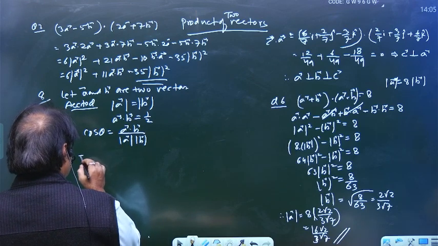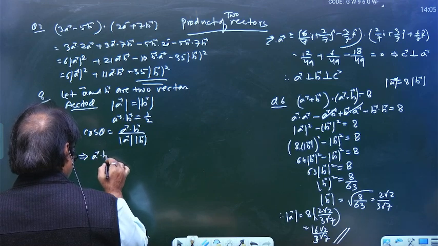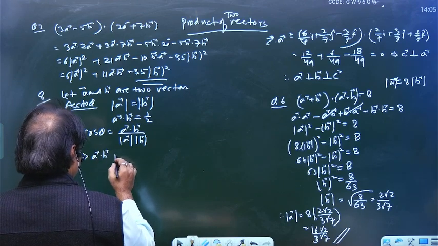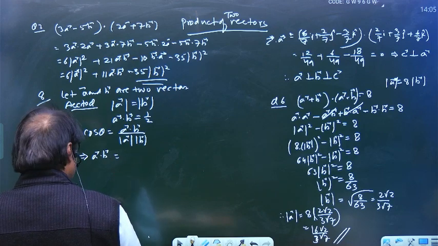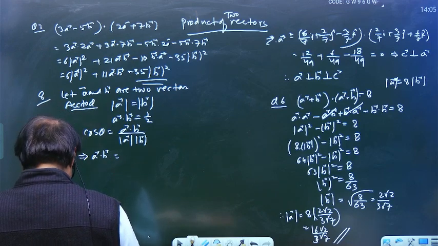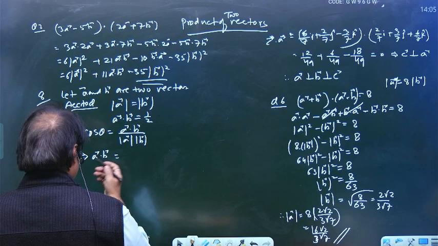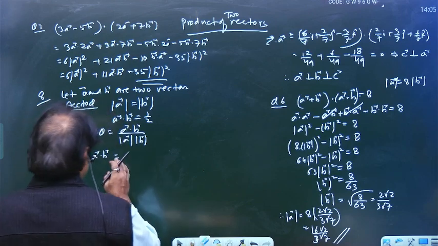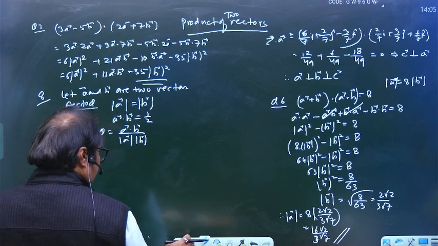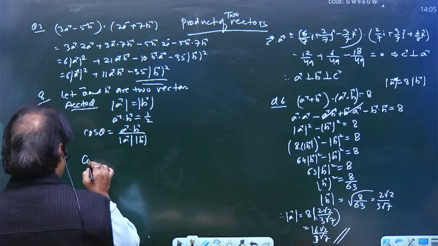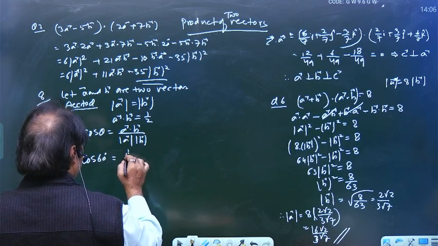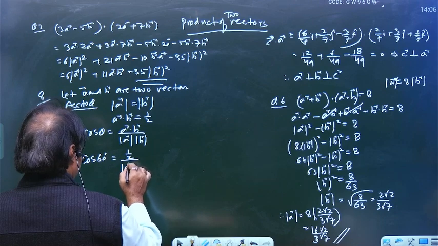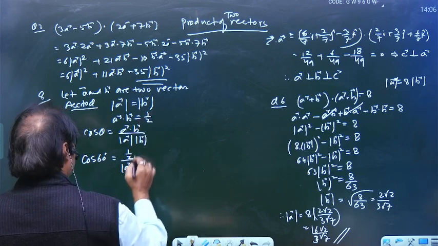By cross multiplication, A dot B is equal to... or do one thing. Cos theta is given as 60 degrees, so directly we can put cos 60 degrees here, and A dot B is given as 1 by 2, and magnitude of A and magnitude of B are both equal.